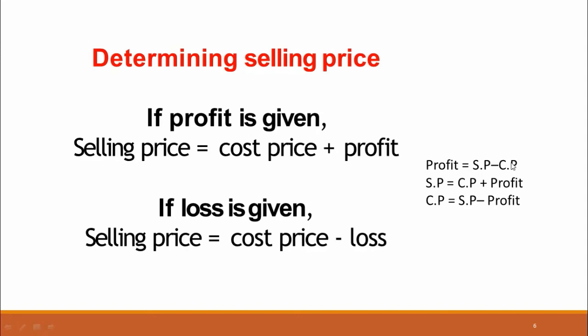So shift this term to the left hand side. We obtain selling price is equal to cost price plus profit, and the cost price can be found by selling price minus profit. So if loss is given, the selling price will be cost price minus loss.